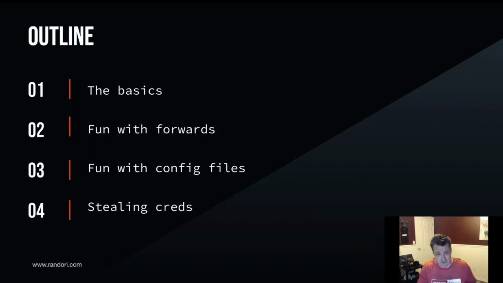After that, we're going to go over how you can customize SSH and trick users into doing some fun things for you, and in general, what some of the config files are, where they live, and how they work. And then finally, what probably most people are here for, we're going to go through a few different scenarios where you can actually get plain text creds by tricking users into doing things that they are probably not intending to do, or by taking advantage of how the SSH process works.